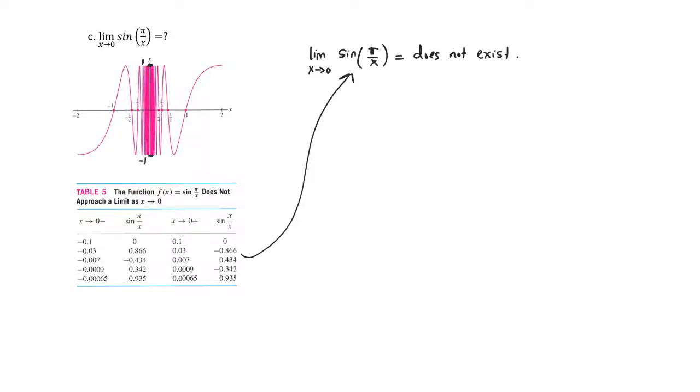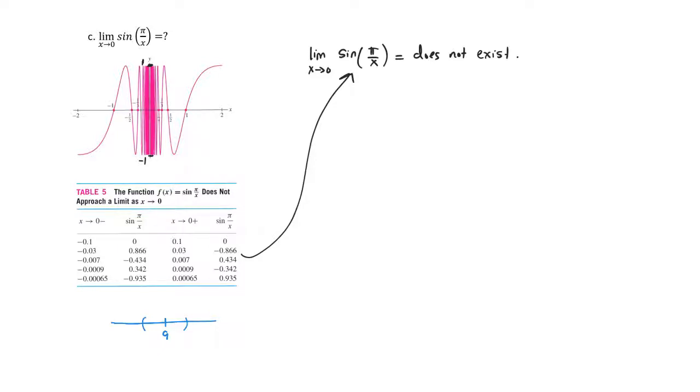I want to now caution you about something when it comes to tables. Tables can be a little bit tricky. If you remember, in the previous examples, I believe that one of the limits was x approaching 9, right? So here was 9, and we were analyzing x values on the left of 9 and x values on the right of 9.